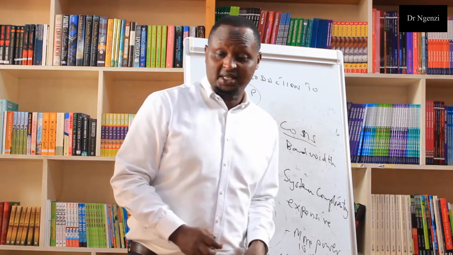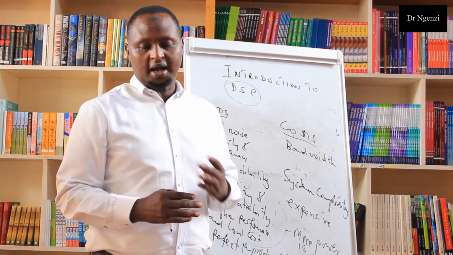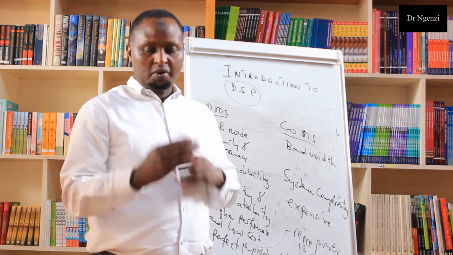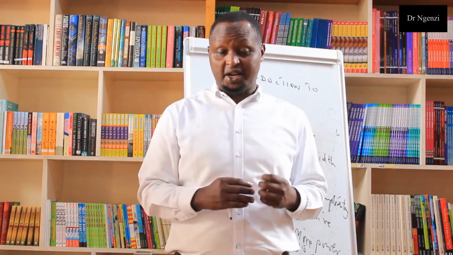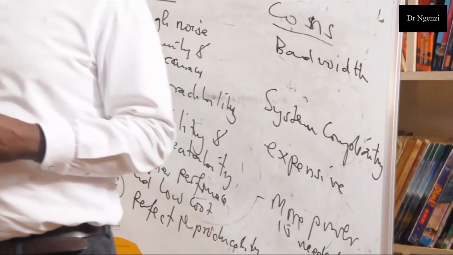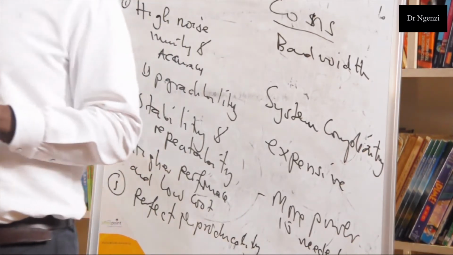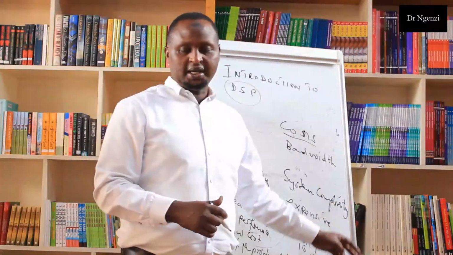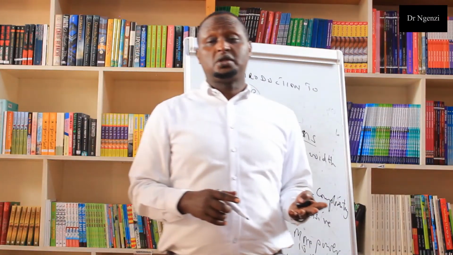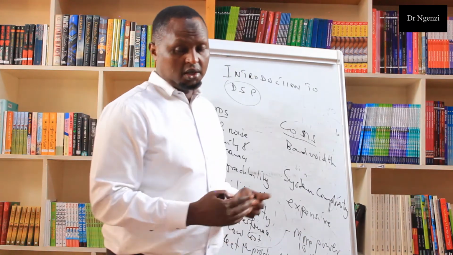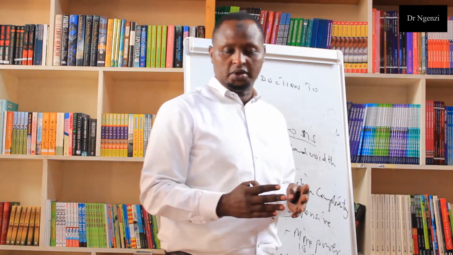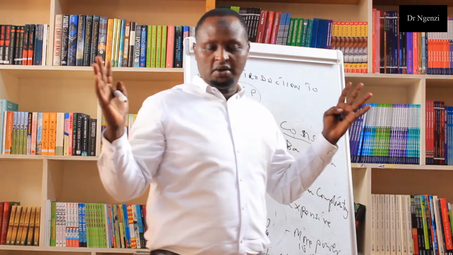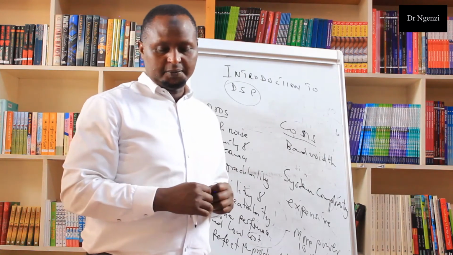Here, the bandwidth: it requires high bandwidth, because the processing power of signal processors is very high, and everyone can understand this. Also the system is very complex, to the extent that when converting from analog signal to digital signal, it will require converters from one position to another, and therefore the signal is complex.